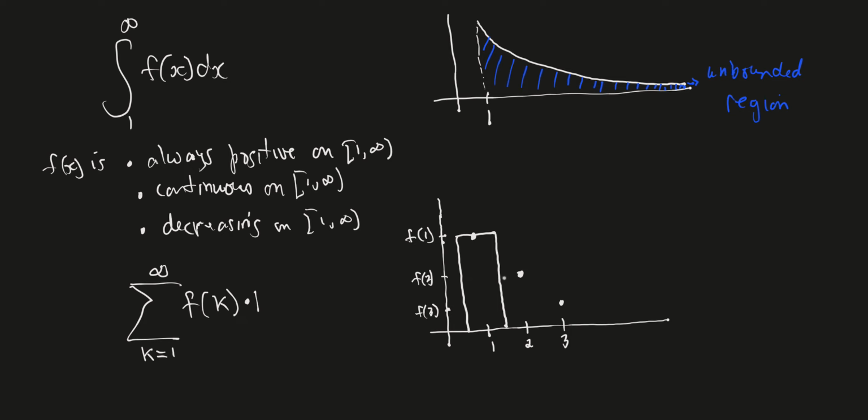So for the second term, I will associate it with the area of this rectangle. And then the same thing, the third term, f of 3, will be associated with the area of this rectangle. And then it will go on.